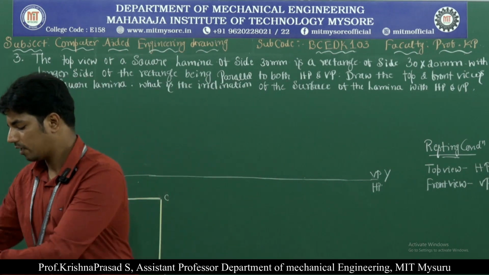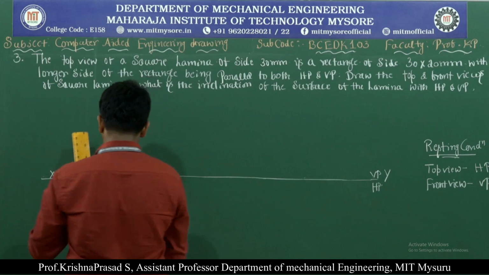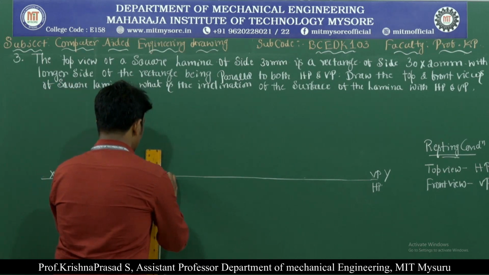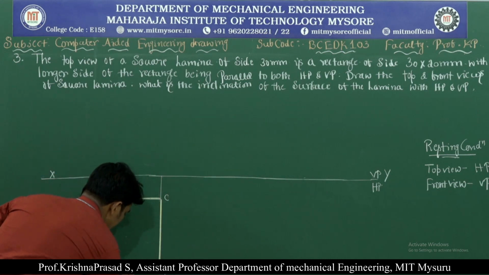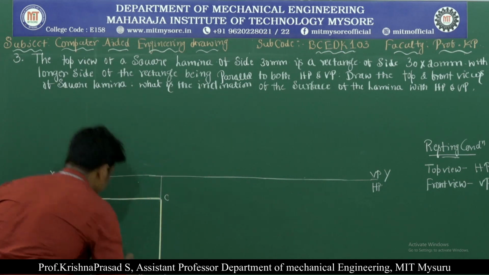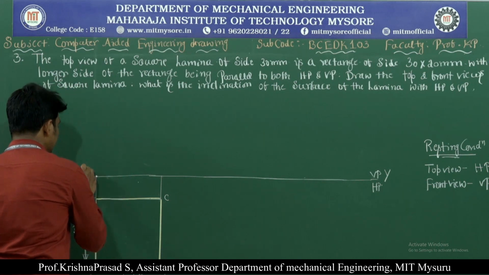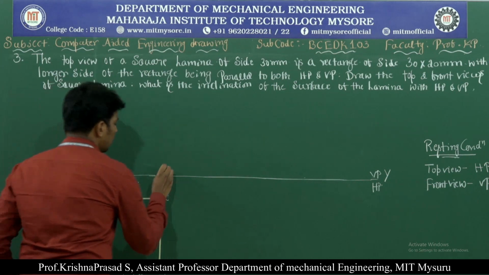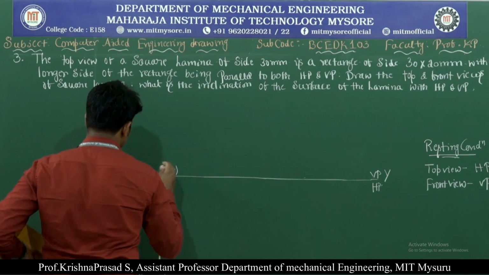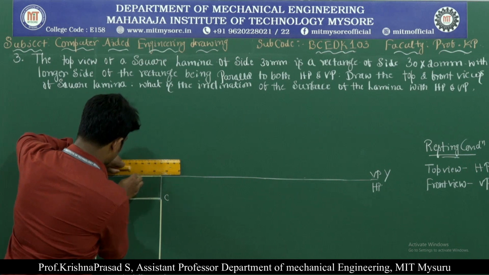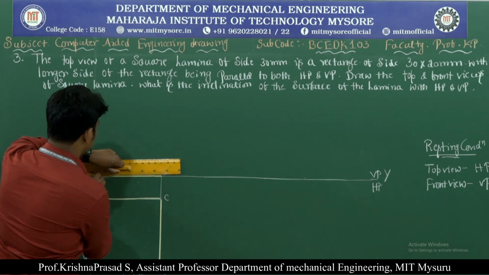In the front view it looks exactly like a straight line, and the observer is here. Hence we can say that this point is A dash in bracket D dash, and B dash in bracket C dash. Next, complete the front view.